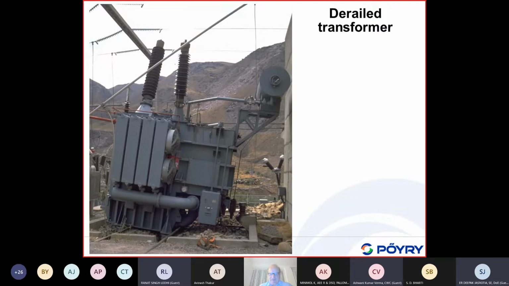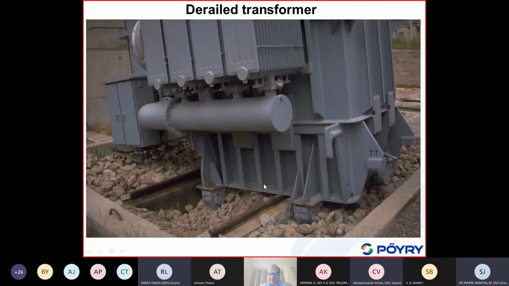Okay, another one which derailed, and as we said, these are remnants from this war.